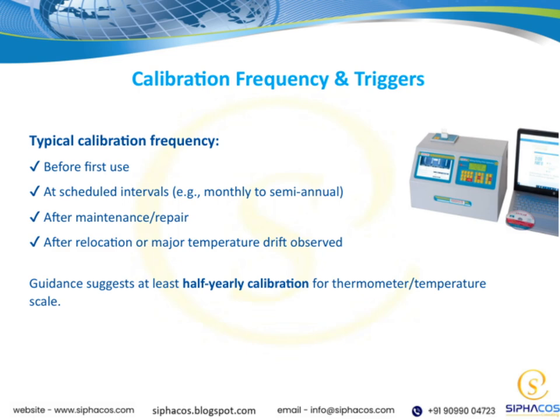If you move the equipment to a new location or notice a significant temperature drift, that's another clear sign that calibration is needed. Guidance generally recommends calibrating at least twice a year for thermometers and temperature scales. This regular calibration is crucial because it helps ensure that your temperature measurements remain accurate and trustworthy, which is essential for maintaining quality and safety standards across your processes.